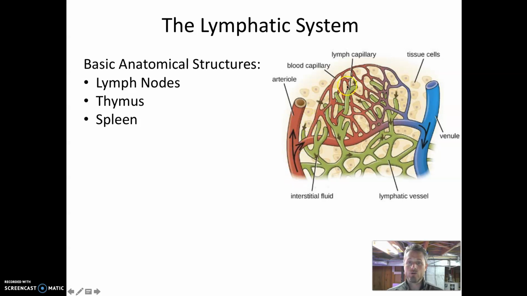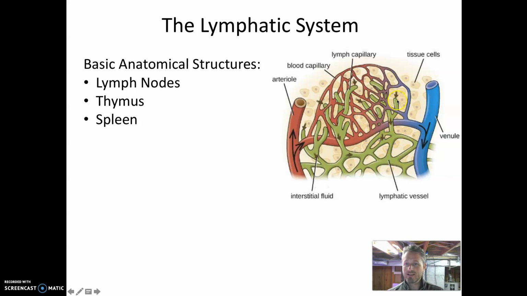Blood comes into this capillary bed where nutrients and gases can be exchanged. Oxygen is being dropped off, carbon dioxide is being picked up, and then the deoxygenated blood is leaving the area back to the lungs and heart.